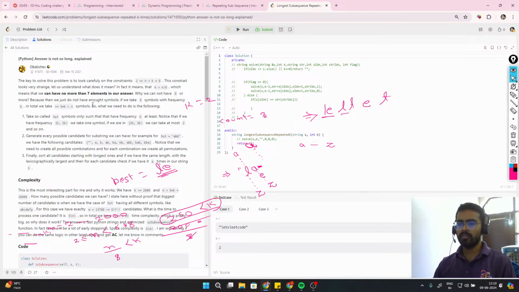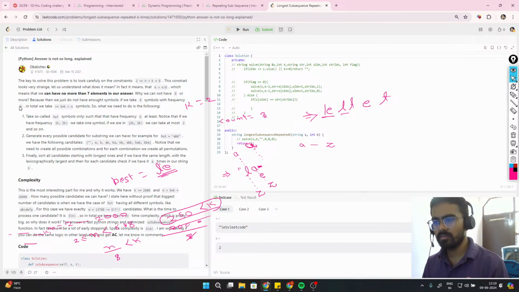Because then we just do not have enough symbols. If we take 8 symbols with frequency k, in total we take 8 times k, such that they have frequency at least k.